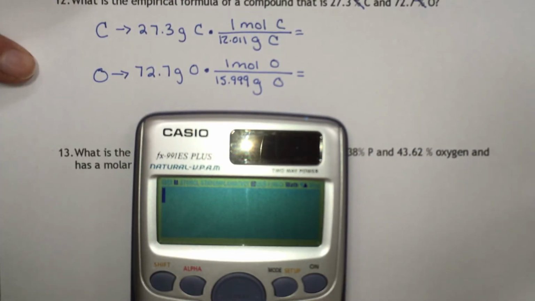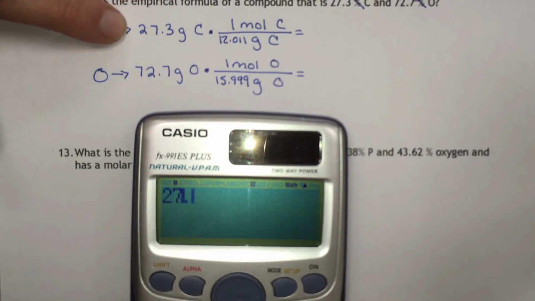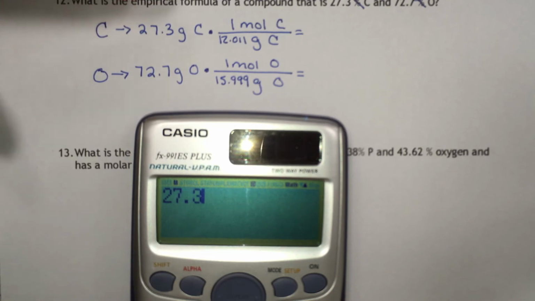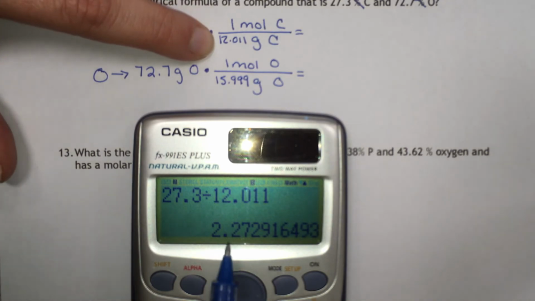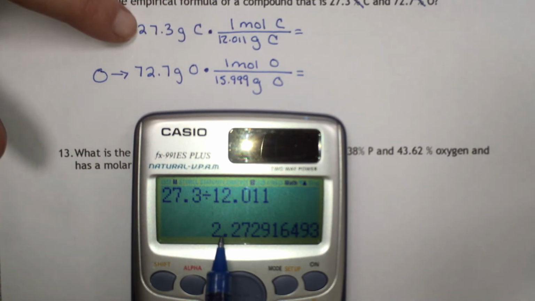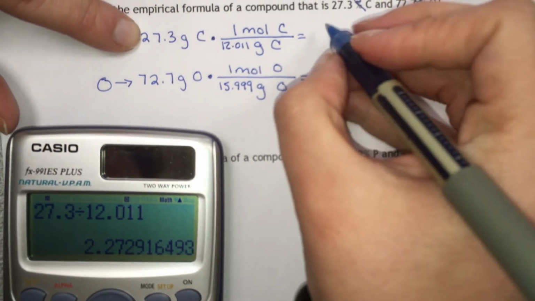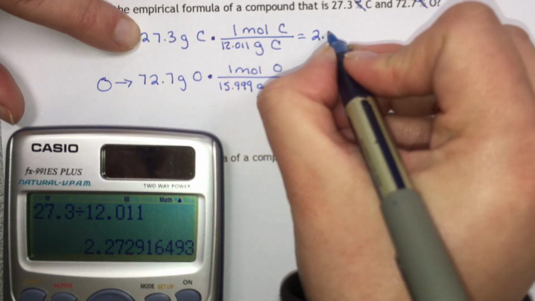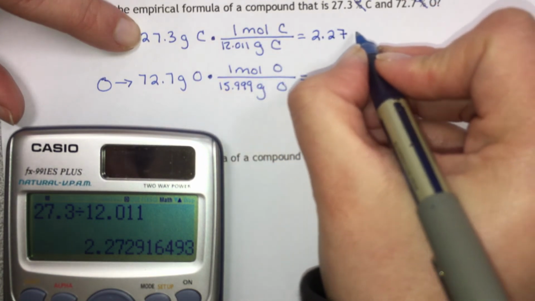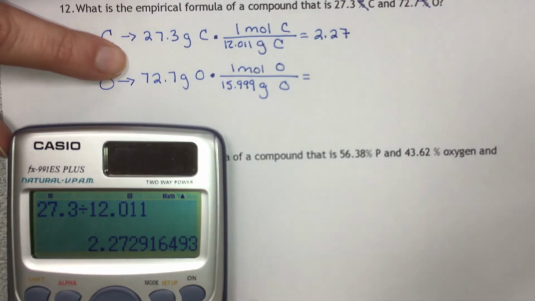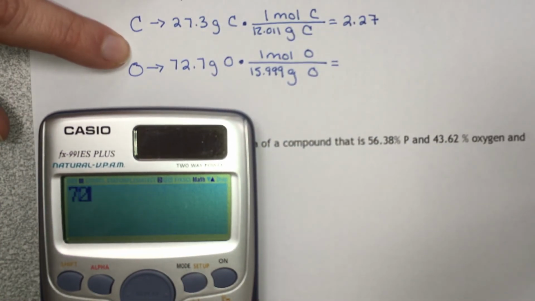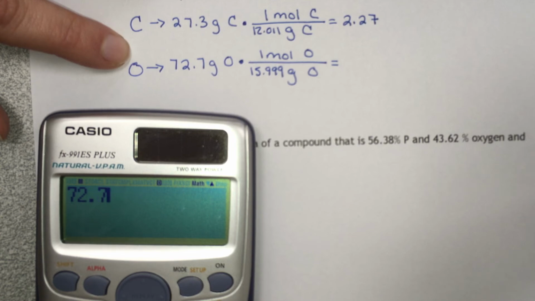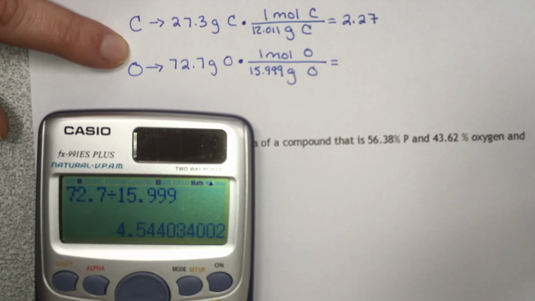All right, so we have 27.3 divided by 12.011. 3 significant figures, so 2.27. That's how many moles of carbon. And then we're going to do the same thing with the oxygen. 72.7 divided by 15.999.